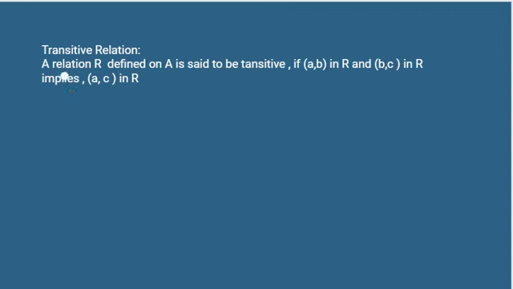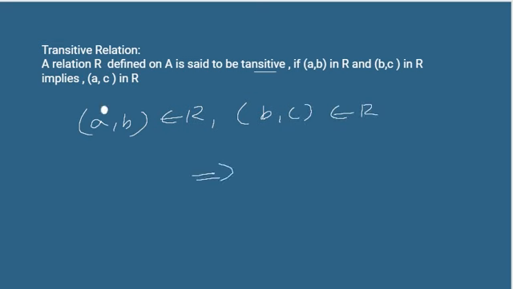Transitivity. A relation R defined on a set A is said to be transitive if (a, b) in R and (b, c) in R. So there are two conditions. If (a, b) belongs to R and (b, c) belongs to R implies (a, c) in R. Got it?